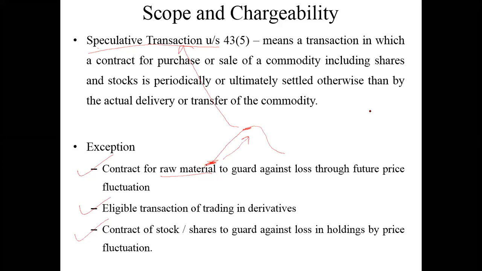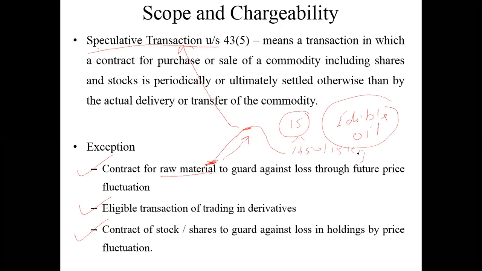I'll give you a common example. What is happening to edible oil? Edible oil in India is an example of safeguarding future price. Whether you call it Freedom, Fortune, Rice Bran, Dhara, whatever brand of oil, the price was 1450 rupees per 15 kg bag of oil, around one month back.